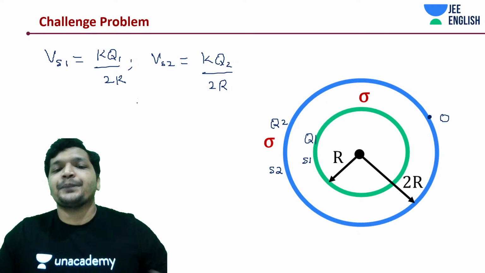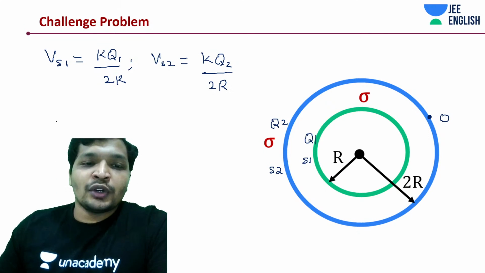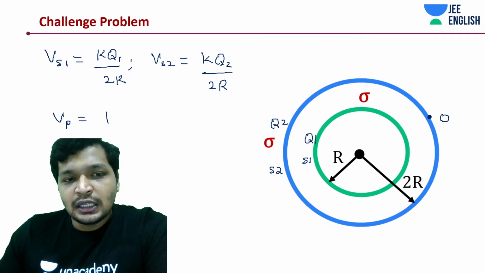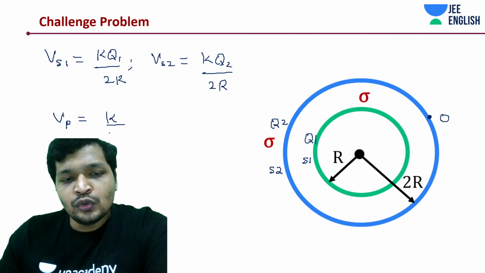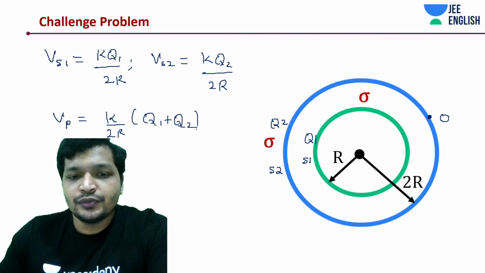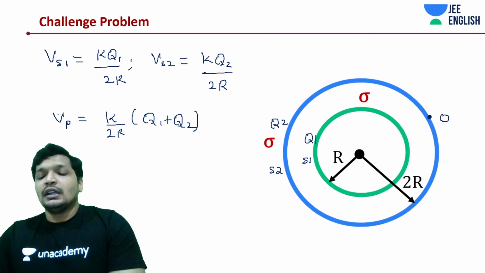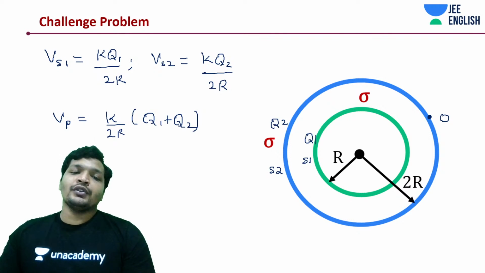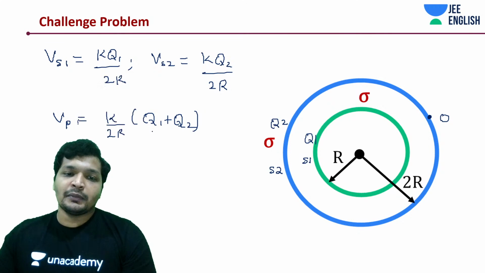That is it. Now, what is the total potential, guys? It's going to be K by 2R into Q1 plus Q2. Something interesting, huh? Now let's move on and simplify it. It's a very simple problem. If you notice it, it's a super simple problem, guys.